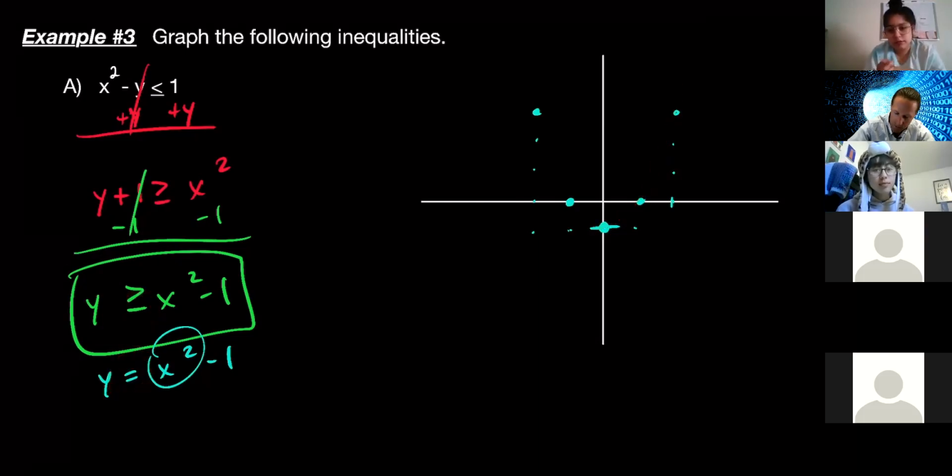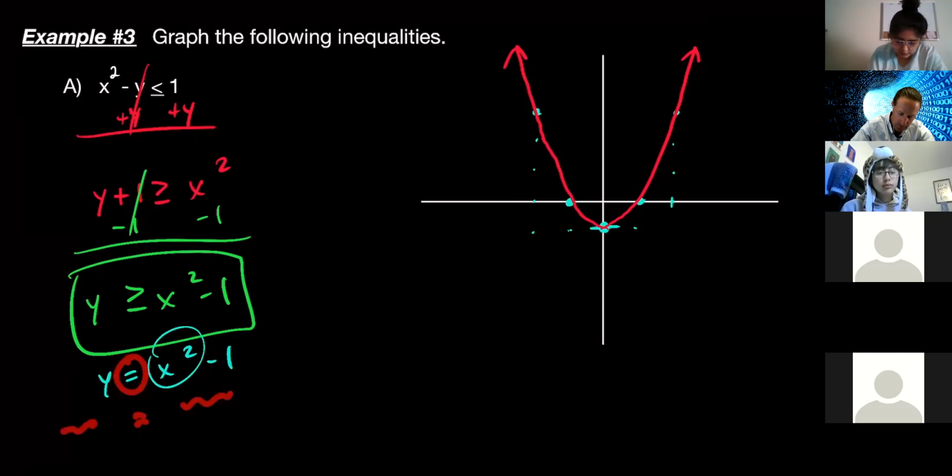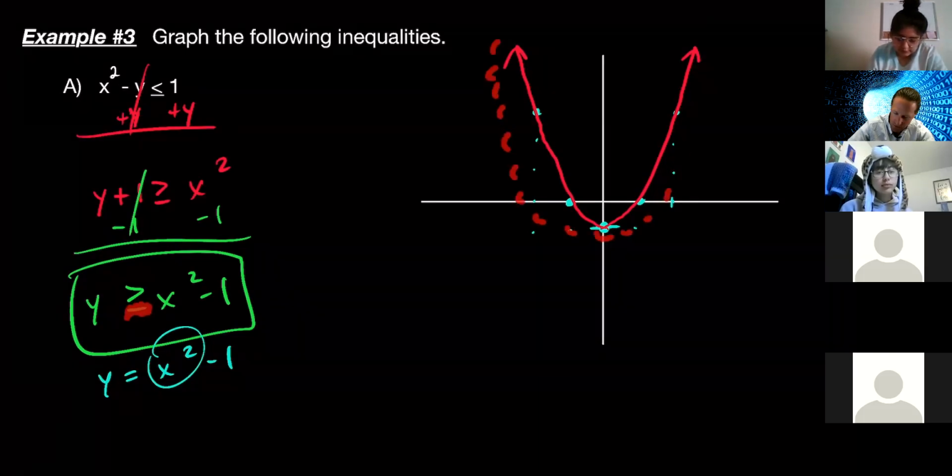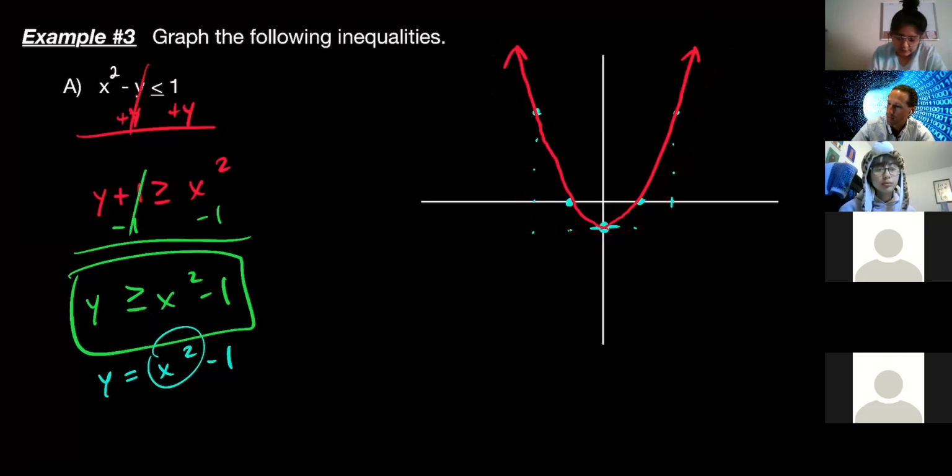In other words, it would be that solid line or curve. But that, remember, only tells me where everything is for the x's and y's equal from the right to the left. Okay? If the equal to was not there, then I would have dashed that parabola.